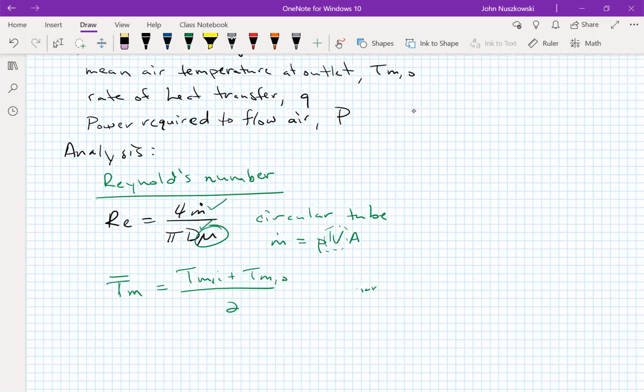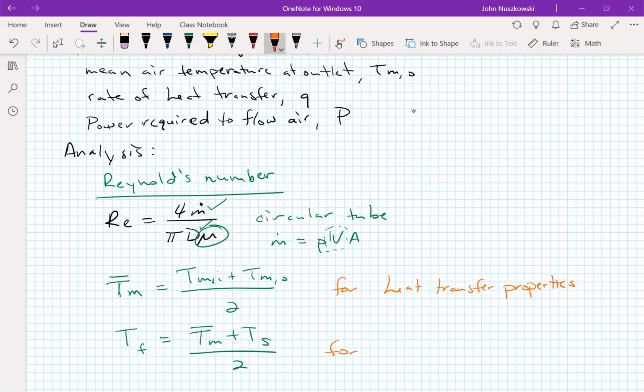And that's for heat transfer properties. And then there's a friction, or film temperature, which is the mean average plus the surface temperature divided by 2.